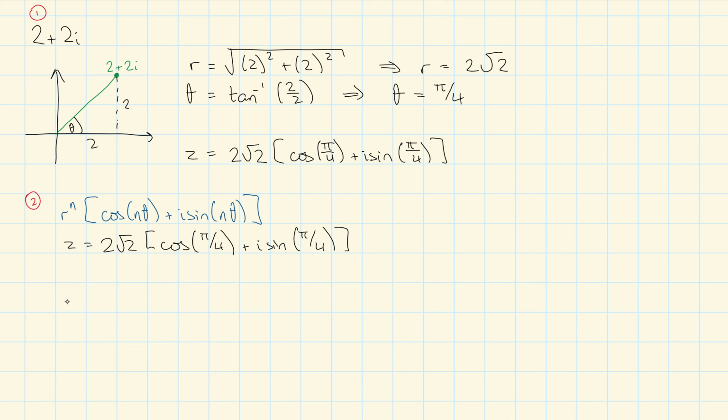And they want us to find z to the power of 8. So that'll be 2 root 2 to the power of 8 multiplied by cos of 8 times... We multiply in for the trig identities.